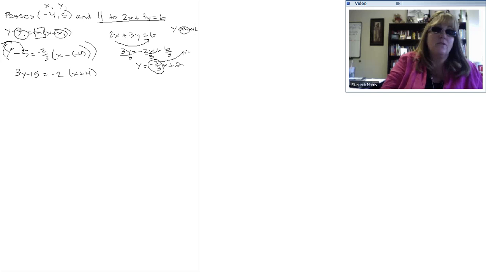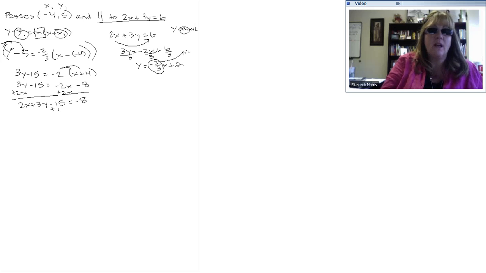All right, distribute: 3y - 15 = -2x - 8. Move the x over. 2x + 3y - 15 = -8. Add 15 to both sides. 2x + 3y = 7. And you have the equation.